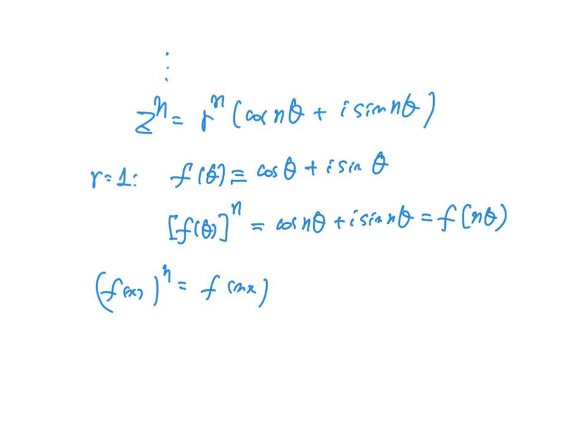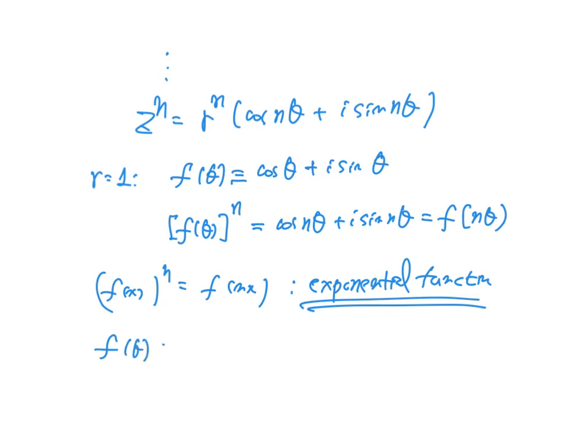Exponential function, right? So that means f of theta, cosine theta plus i sine theta, is the same as exponential i theta. This is called the Euler form.